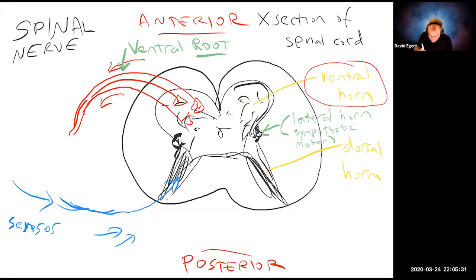For the motor ones, the cell bodies are actually here inside the gray matter, and then the axons are leaving. For the sensory ones coming in, these are going to be examples of unipolar neurons.